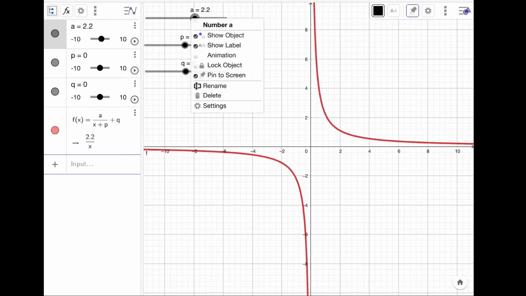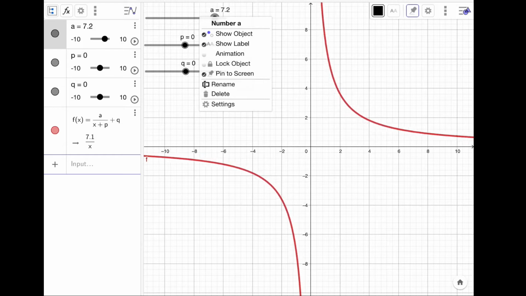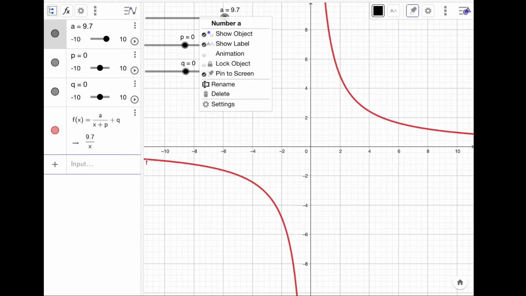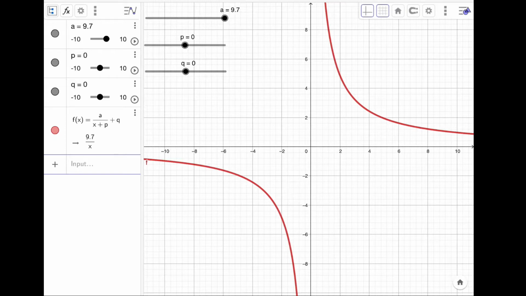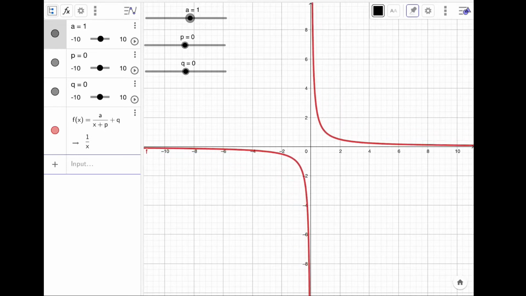As I slide A to get bigger and bigger, notice that my graph appears to be moving away from my axes, both in the first quadrant and in the third quadrant. We can go all the way up to 10, and you can see it's pulled quite far away from my axes where my asymptotes are.